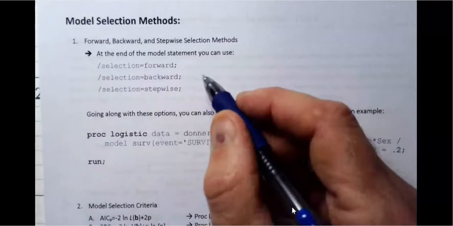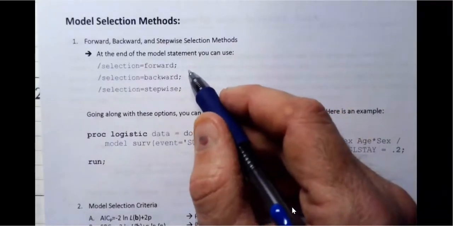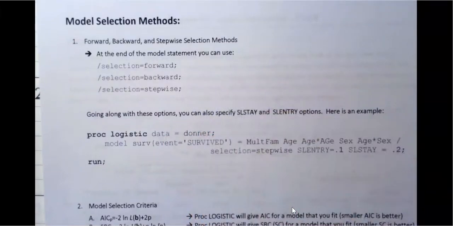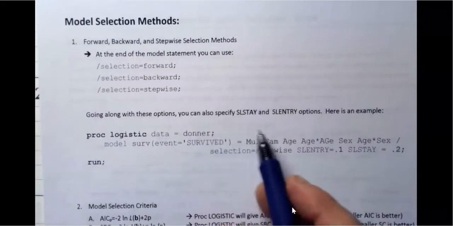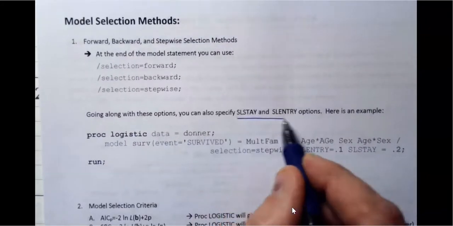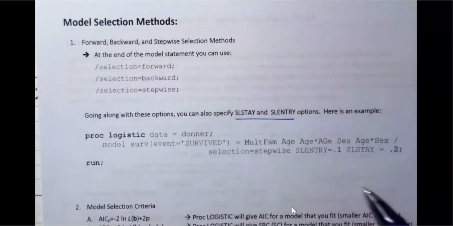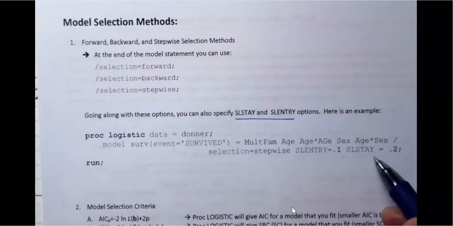It's very similar to proc reg: at the end of your model statement, you can use selection equals forward, selection equals backwards, and selection equals stepwise. So you can try this if you want to. We can also specify the SLE, SLS, and SL entry options for giving the significance level for coming into the model or for staying in the model.